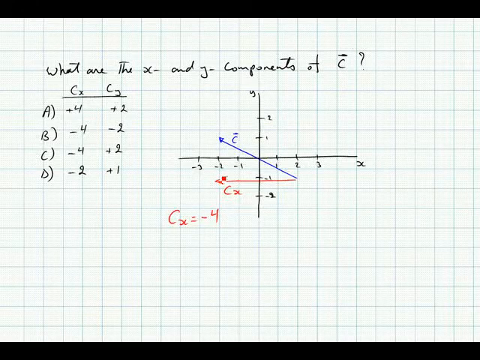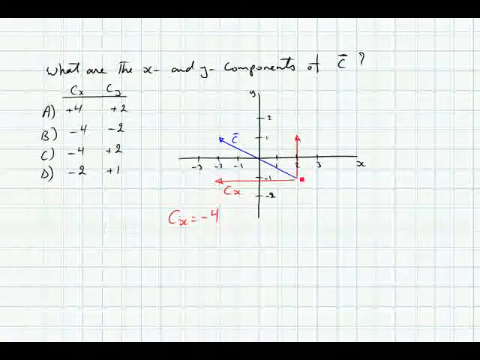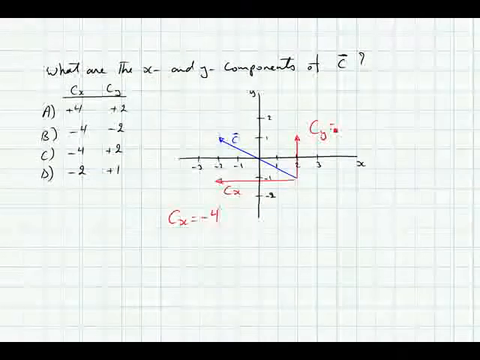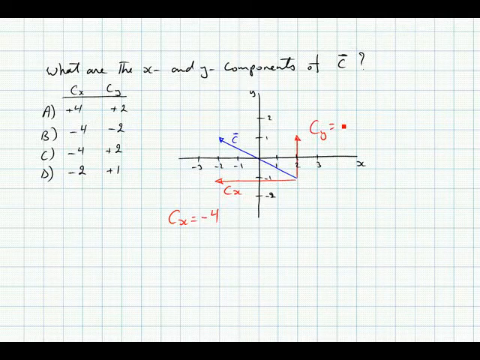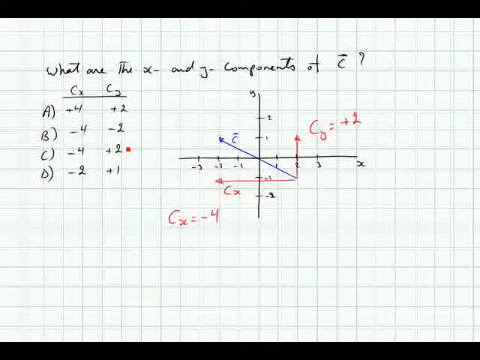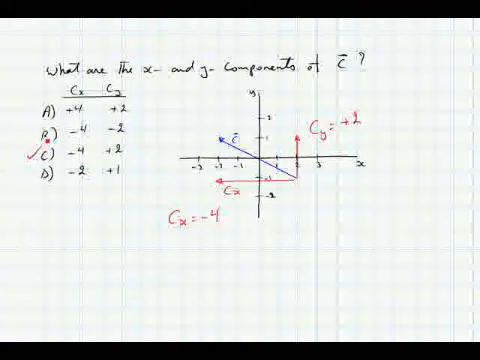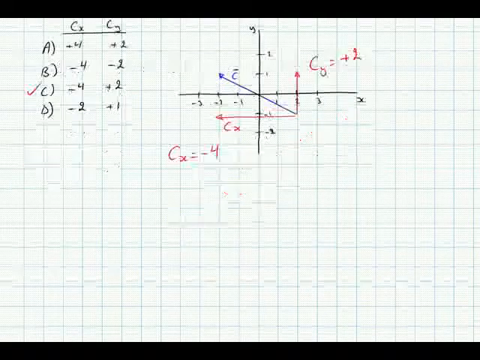And the y component of C is this vector there, which is 2 units long, and it's a positive number, so it's +2. So C is the correct answer in this case.